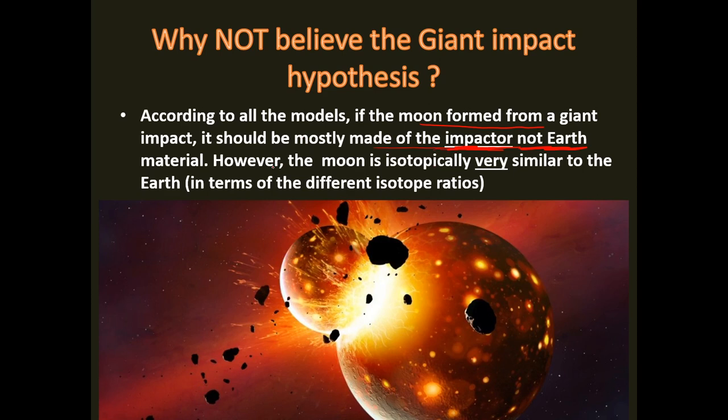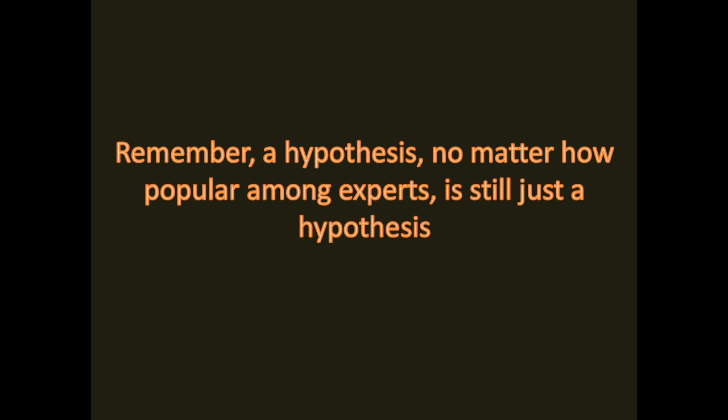The moon is also isotopically very similar to the Earth, and in terms of chemistry, the moon is a lot like the Earth. But according to the models, it would be made out of the impactor, not out of Earth. There's a back and forth about this, but the bottom line is nobody really knows for sure where the moon came from.